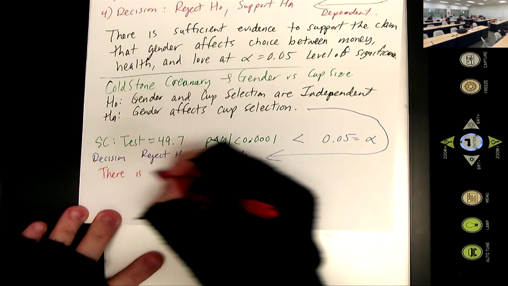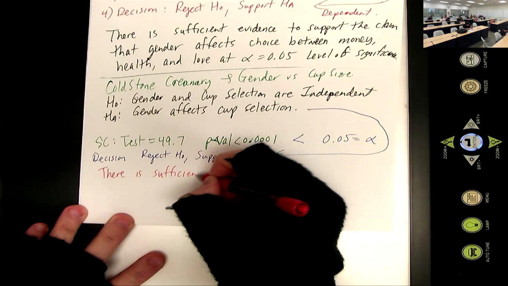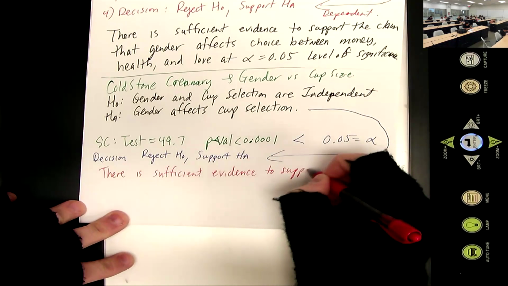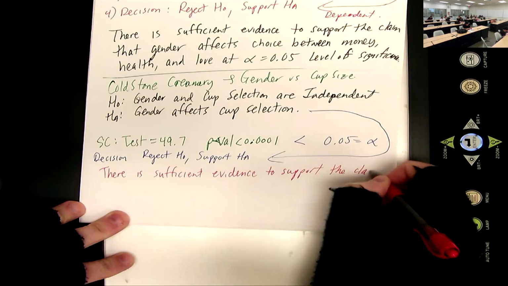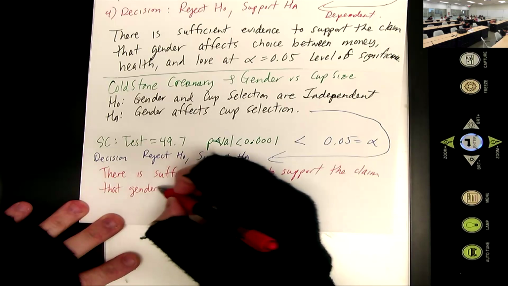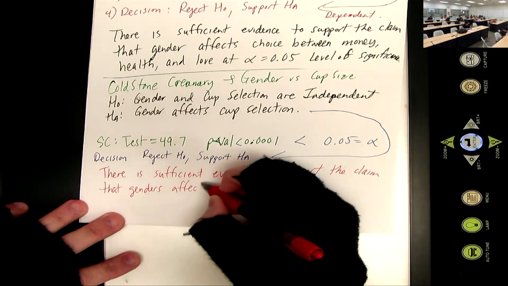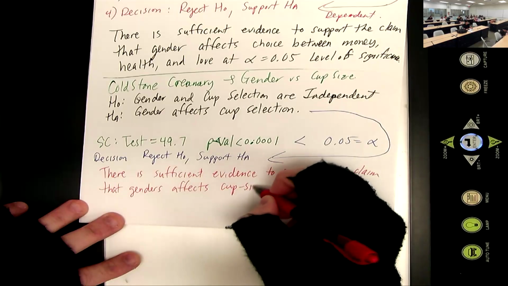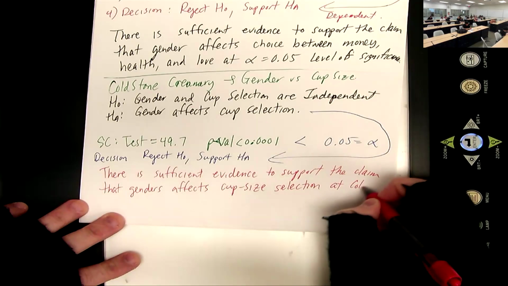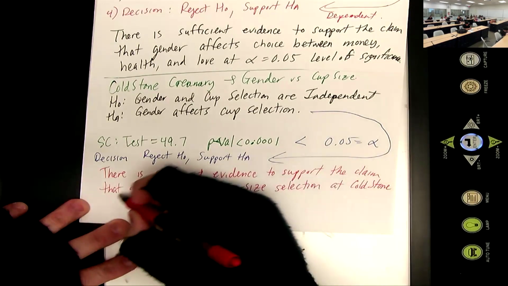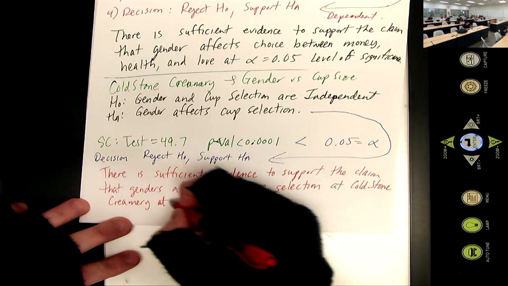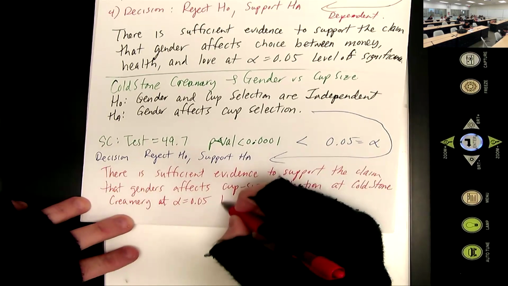There is sufficient evidence to support the claim that gender affects cup size selection at Cold Stone Creamery, at alpha equals 0.05 level of significance.